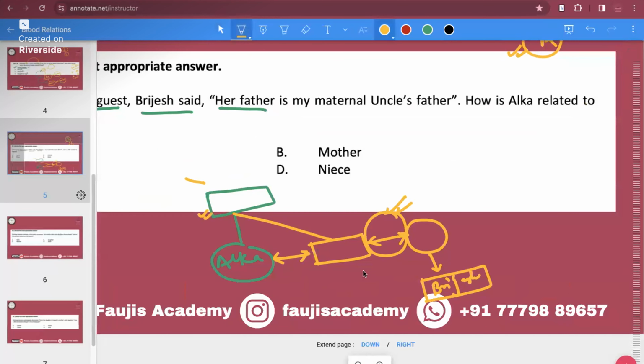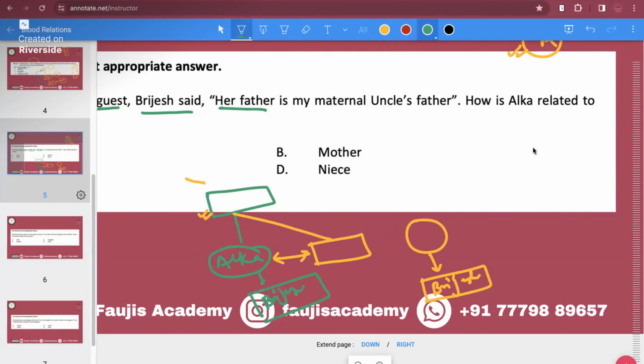So this brother and sister relationship between Alka and that person can also be over here, right? And Brijesh can also be the son of Alka. This is one possibility.